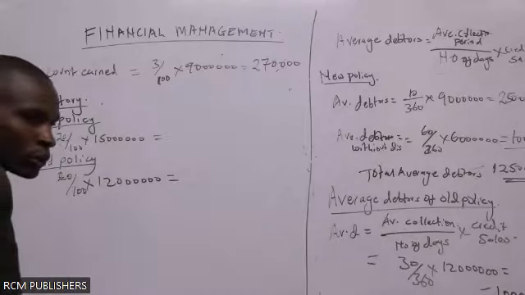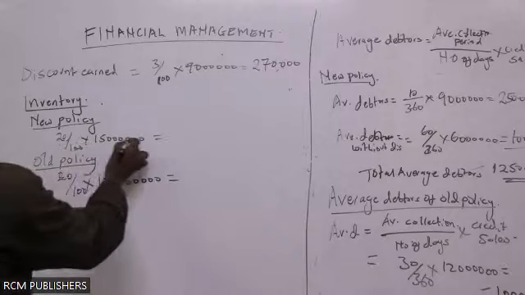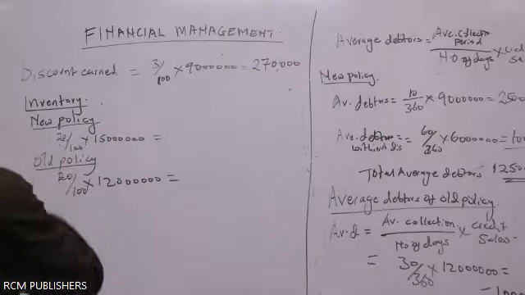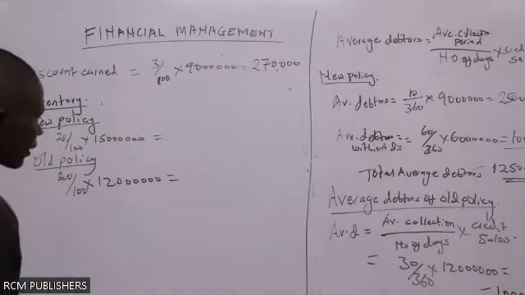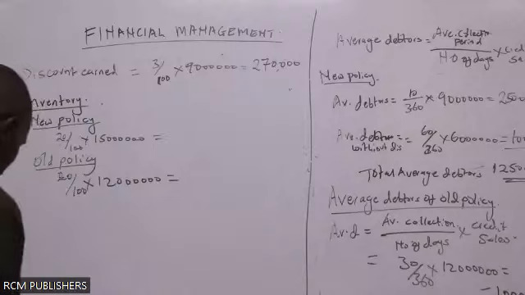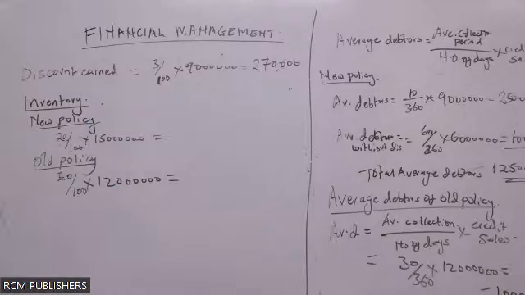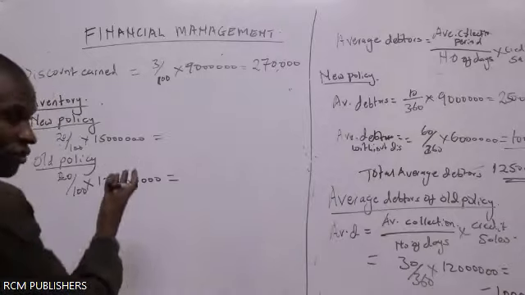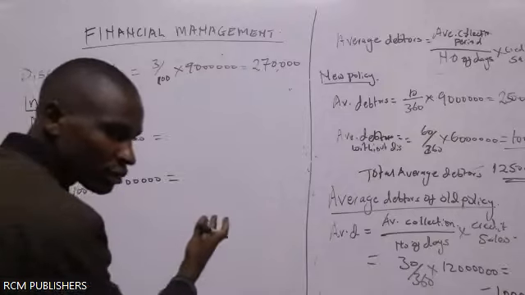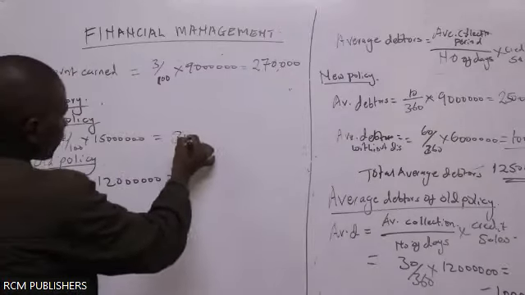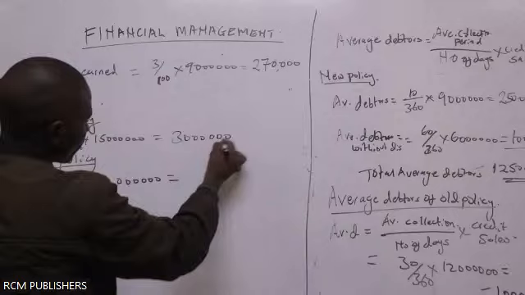Tutaitumia kutafuta the variable cost. Tunaweza malizia the opportunity cost, the remaining part. Give me this. 3 million.